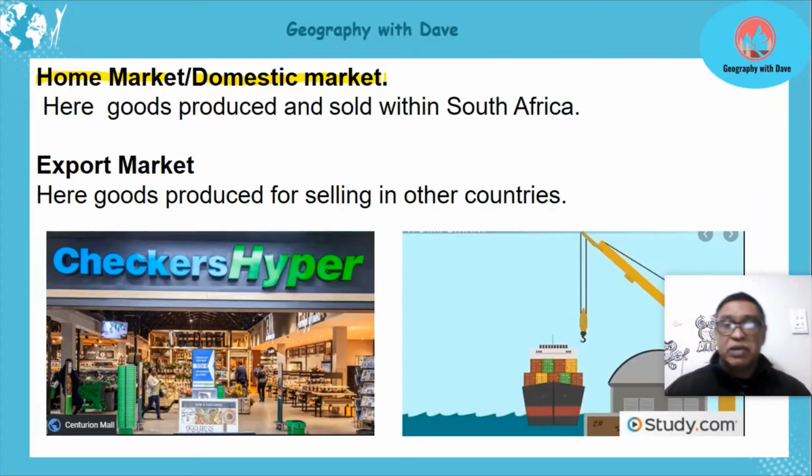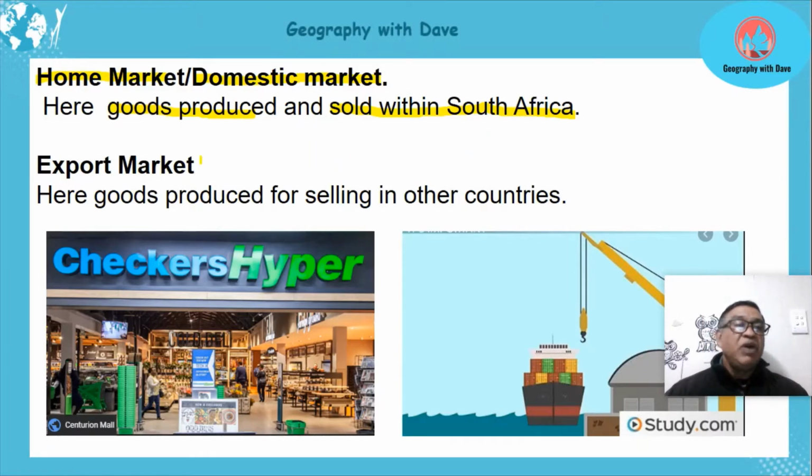Domestic means local. So here goods are produced in South Africa and sold within South Africa.